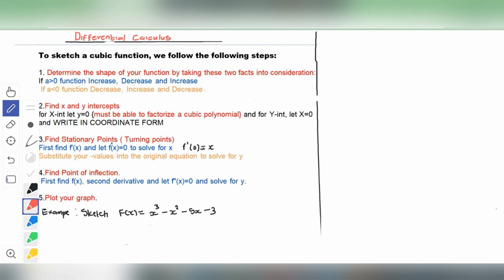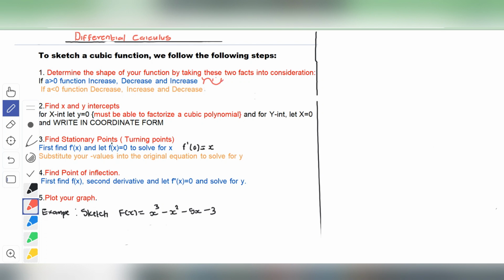In simpler terms, your function is going to look like this. So whenever you draw your graph, when a is positive, you must expect something like this, whereby your function increases here, decreases here, and increases here, right?